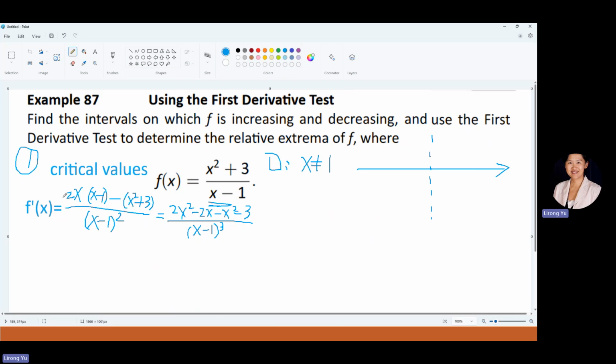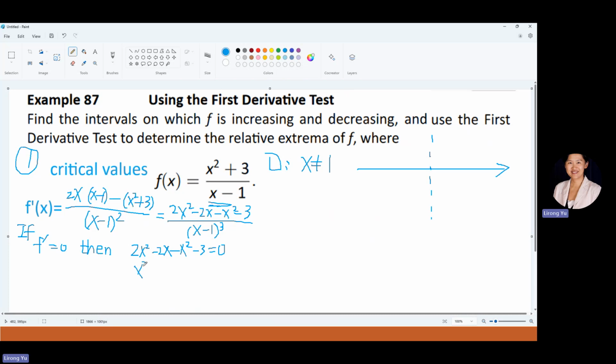This is a fraction, so if you want to find a critical point, for the fraction to equal 0, the numerator has to be 0. So if we want to make f prime equal to 0, the only thing we have to worry about is the numerator. So we have 2x squared minus 2x minus x squared minus 3 equal to 0. Now we can combine the x squared.